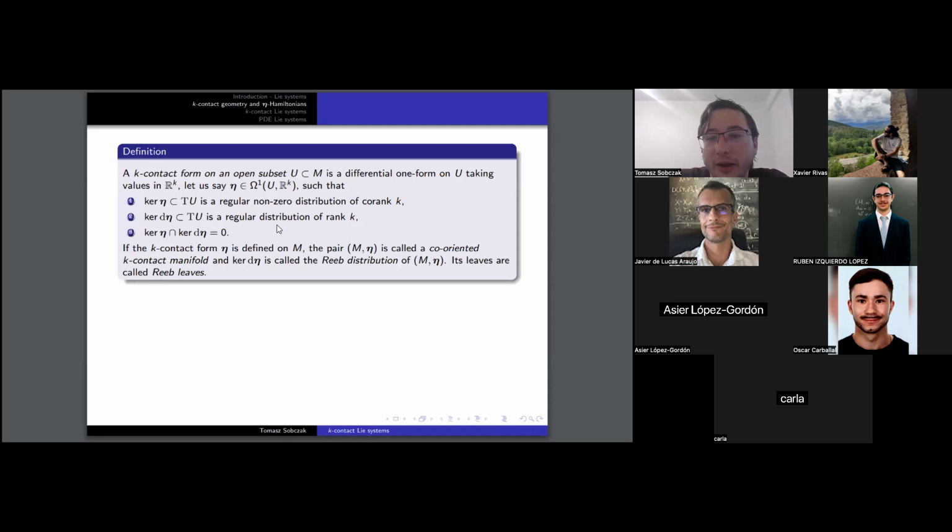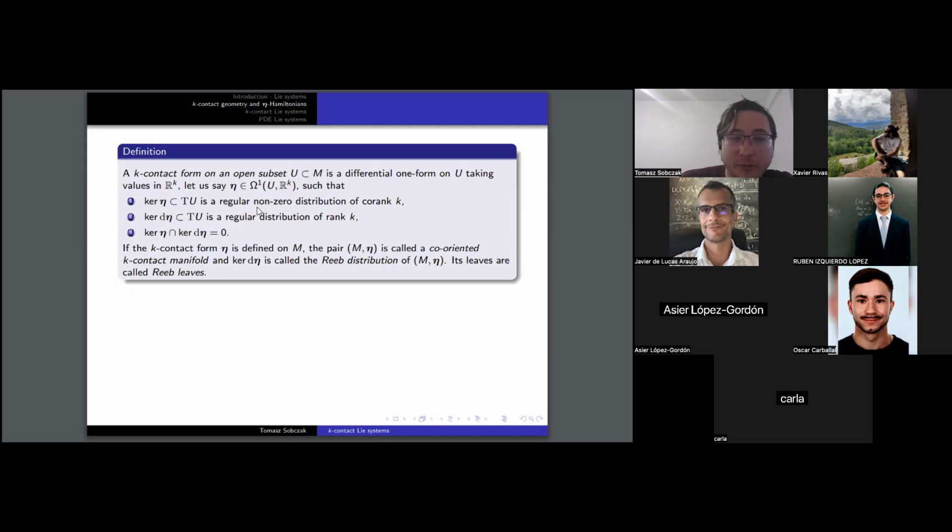So instead of having one form, we'll now have the differential K form, for technical reasons defined on some open subset of our manifold, and it has to fulfill three conditions, namely the kernel of our differential K form has to be a regular non-zero distribution of rank K. This non-zero is just a technicality that excludes some degenerate examples. So it's a nuance, but a very important one.